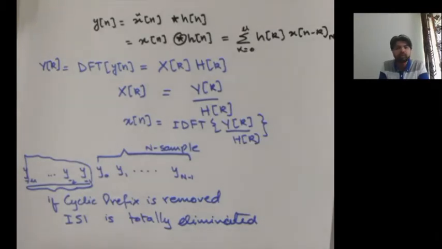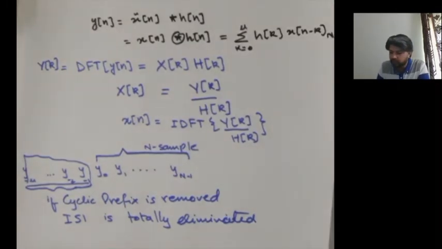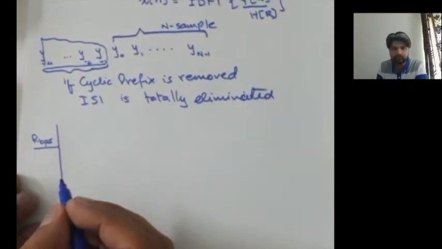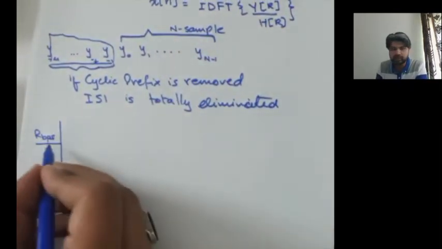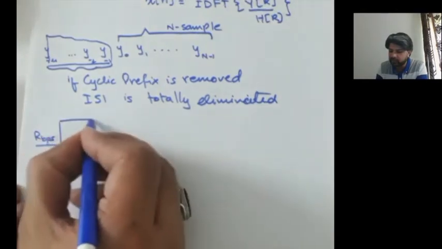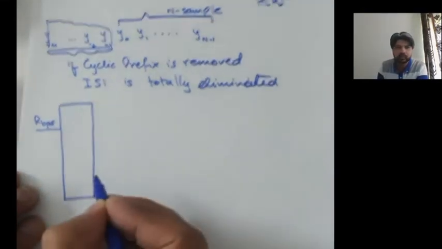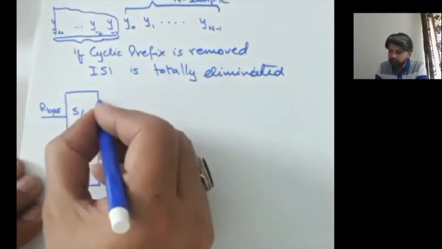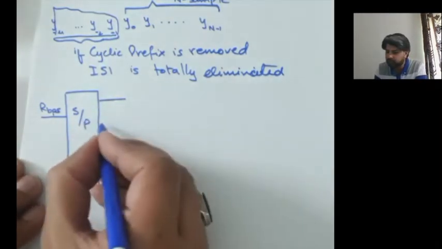So now if we want to look at the final block diagram of our transmission system, that would look like this. You have this stream of data coming in at r bits per second. You would carry out a serial to parallel conversion, so that you have these streams at r by N samples per second.